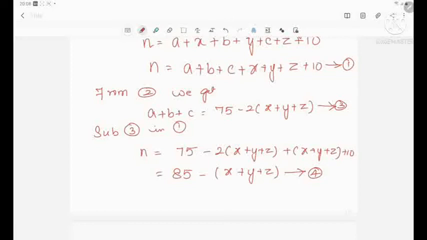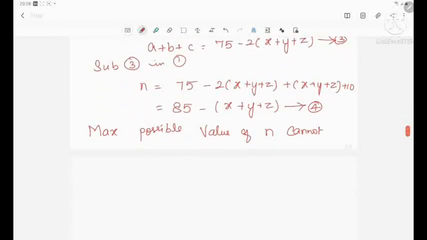Now we are supposed to find the maximum value of n. The maximum possible value of n cannot be more than 85, right?